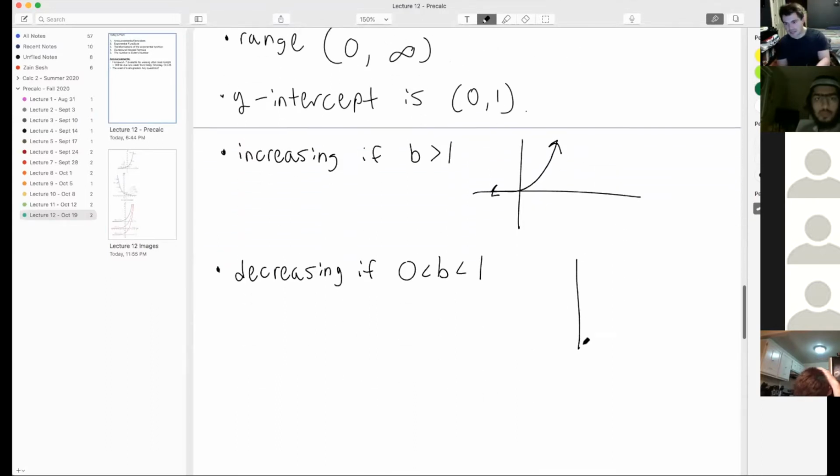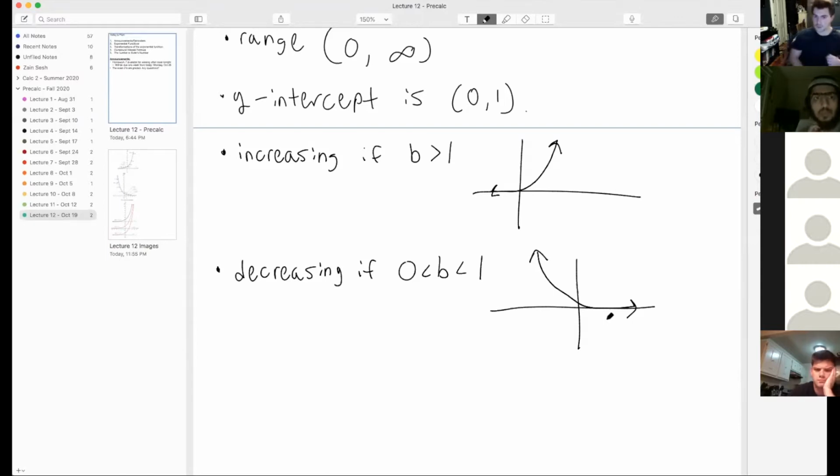Again, the intuitive picture is that it's going to look like this. These are not the rigorous definitions of increasing and decreasing functions, but the picture explains it really well.